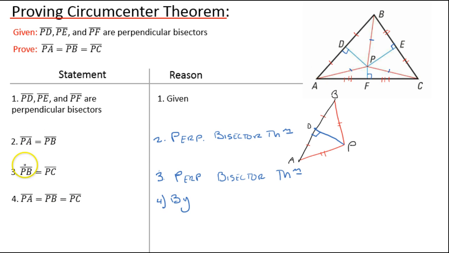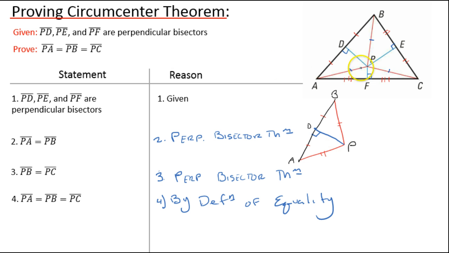So just using this information here, PA is equal to PB, which is equal to PC. So you can say definition of equality. Not so much a transitive property, but yeah. So we're just stating that they're equal, and that would be the proof.